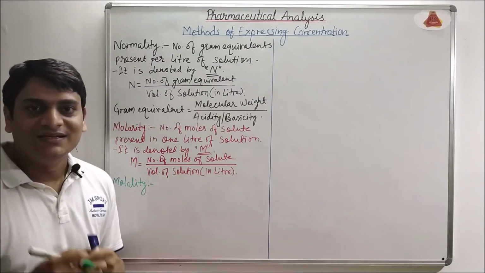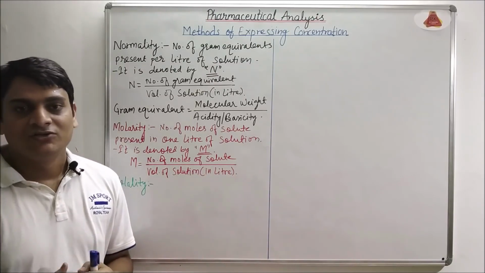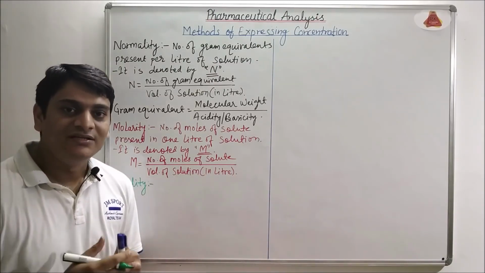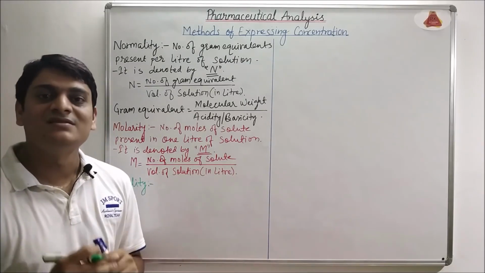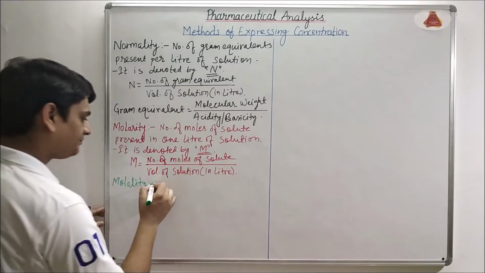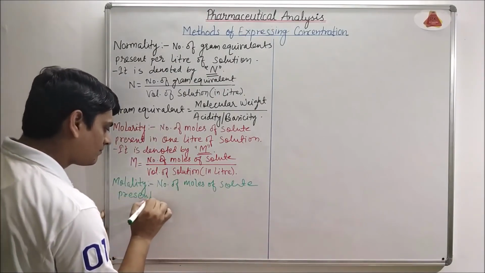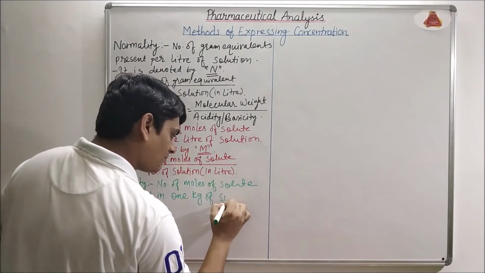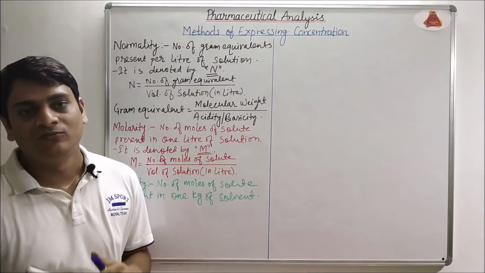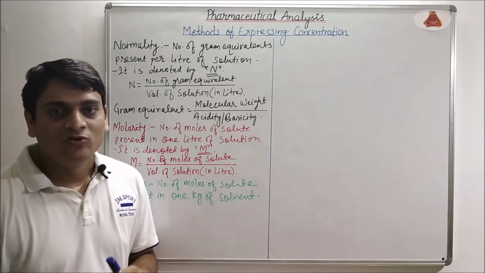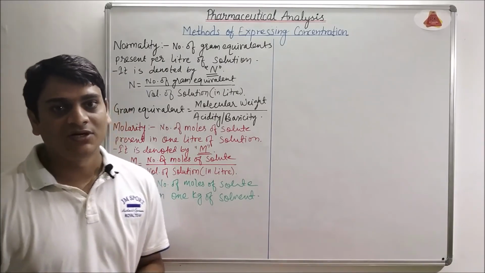Molality is a less used term as compared to molarity and normality. So what is molality? Molality is the number of moles of solute present in 1 kg of solvent. It is denoted by small m, and the formula for molality is number of moles of solute divided by mass of the solvent in kilogram.